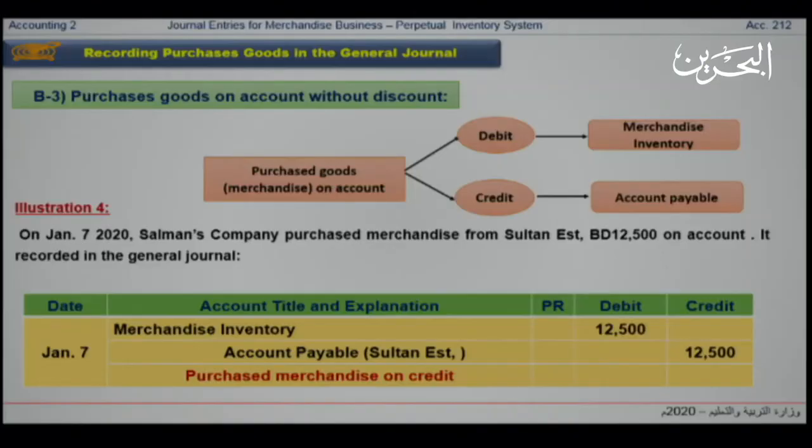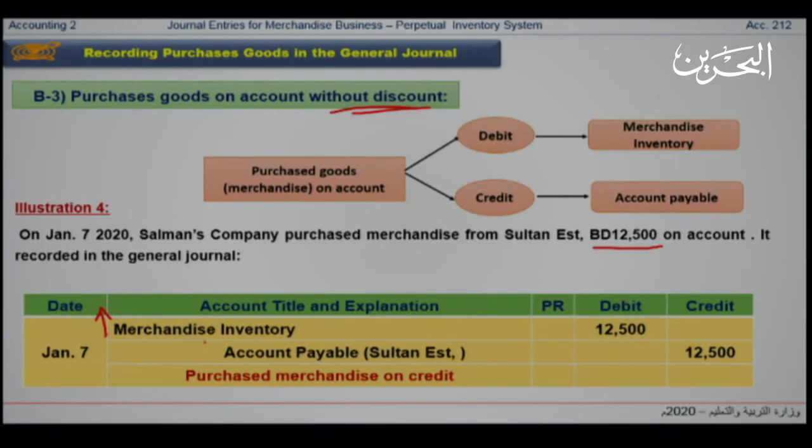Shifting to the purchase of goods on account without discount. In our example, Salman Company purchased merchandise from Sultan with an amount of 12,500 on account. On this purchase, I didn't pay cash. I keep it on account. So my purchase, which is the merchandise inventory of my company, will increase because I purchased more inventory, but I didn't pay for this purchase.